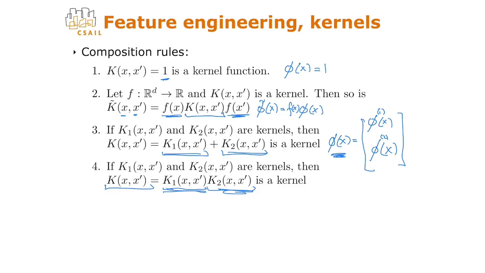So remember, for example, that in our earlier case, we had a kernel that's just an inner product of the original examples. That's called a linear kernel, where phi of x is just identity.